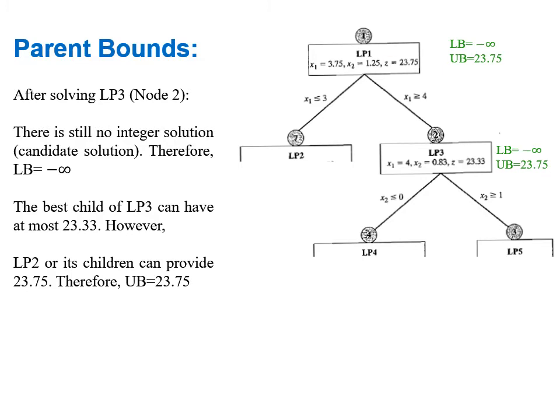So if we continue from this side, the best we will find is this value. It means that for this whole problem, the maximum possible objective function value that we will obtain is 23.75. That's why our upper bound at this point is 23.75. It has not changed from node 1 to node 2.